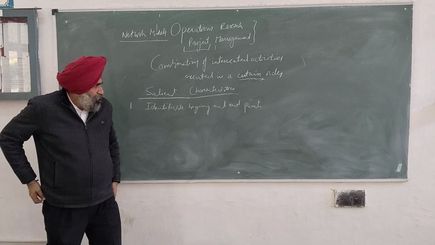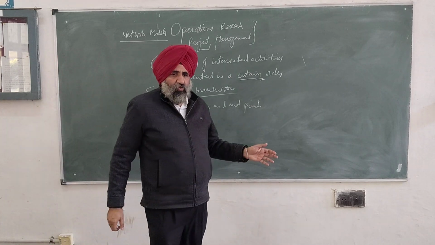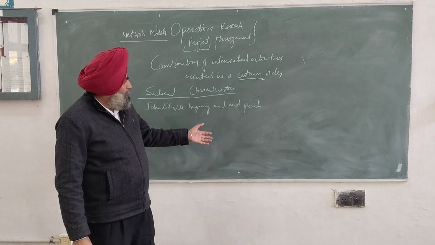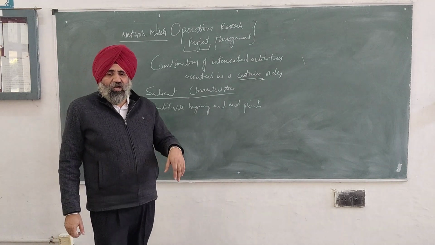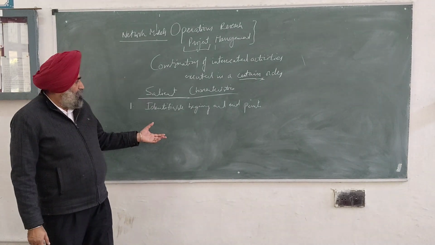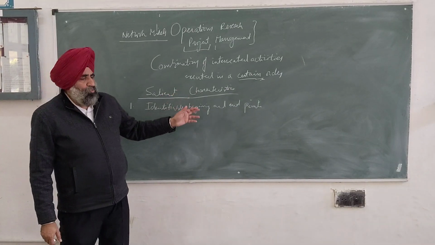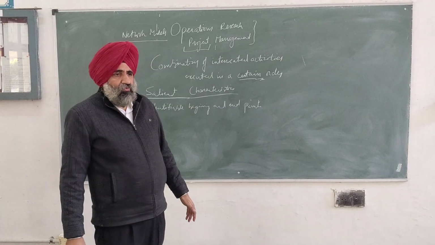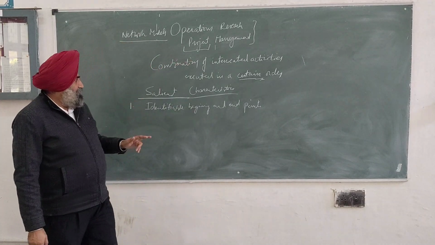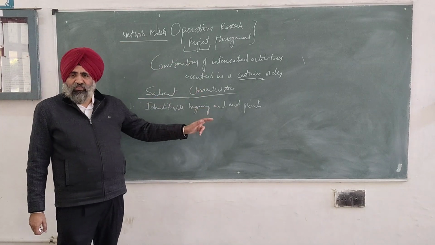What is actually a project? Normally in our curriculum we do projects. Sometimes we do the project in two parts: one is known as the minor project, another is known as the major project. Similarly, we do certain activities in that also. So what are the different salient characteristics?